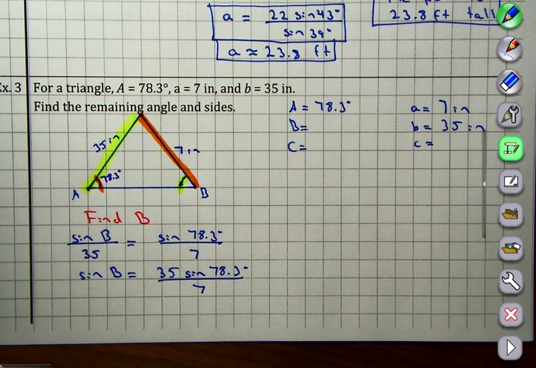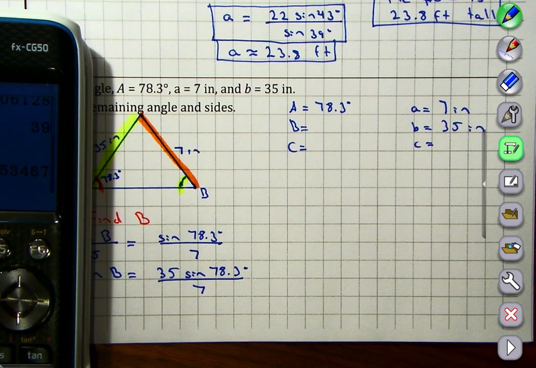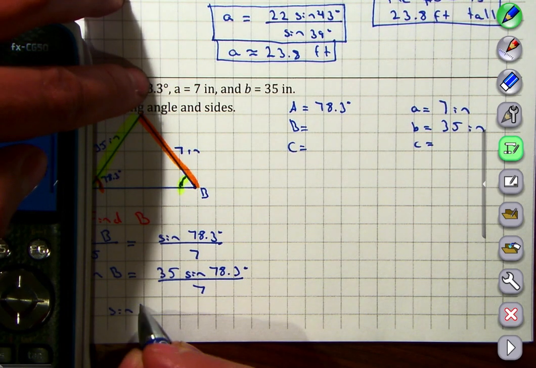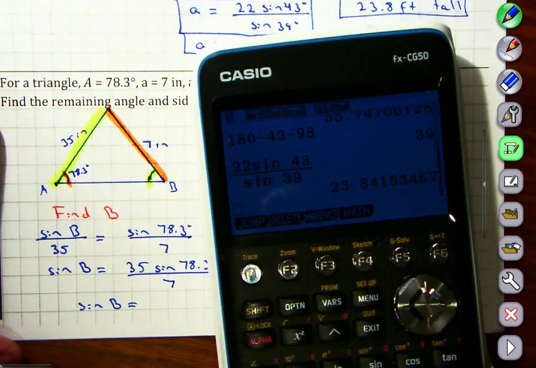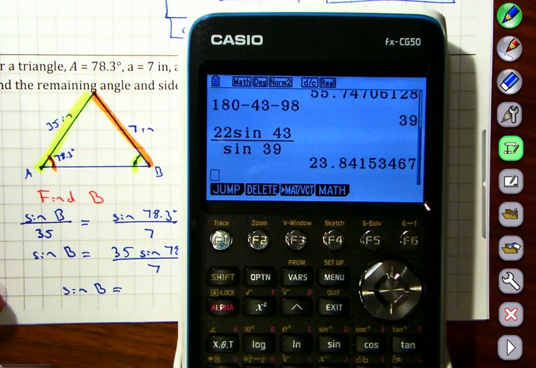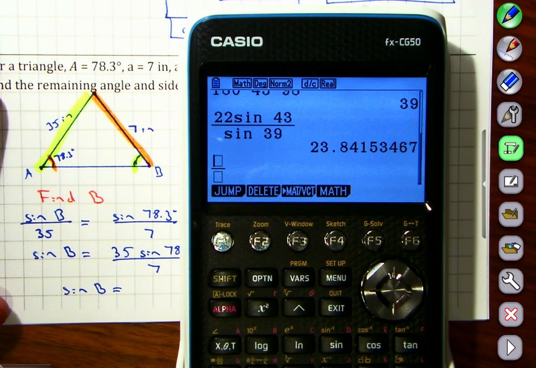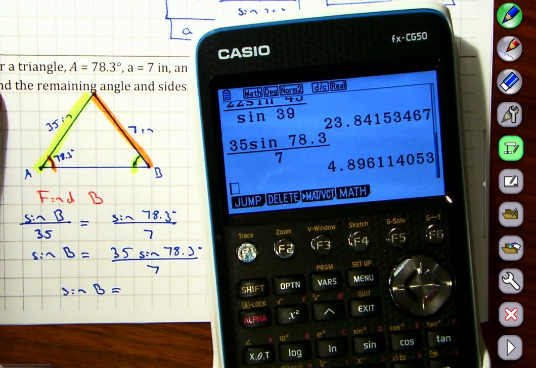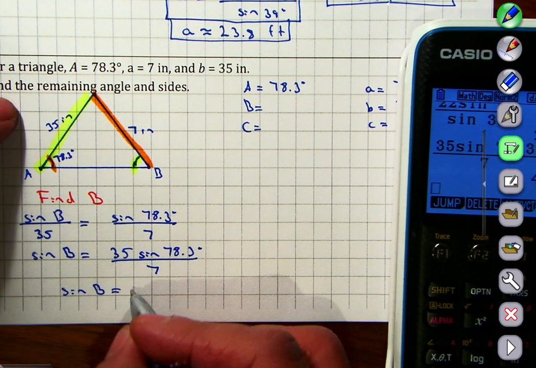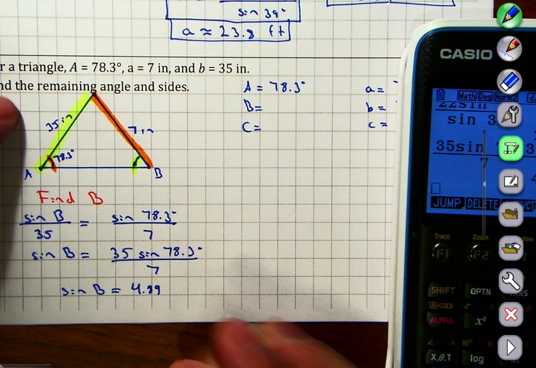I'm going to type into the calculator. So therefore the sine of B is equal to, once again I'm going to use my fraction part, 35 multiplied by the sine of 78.3 over 7. And that gives me 4.89.